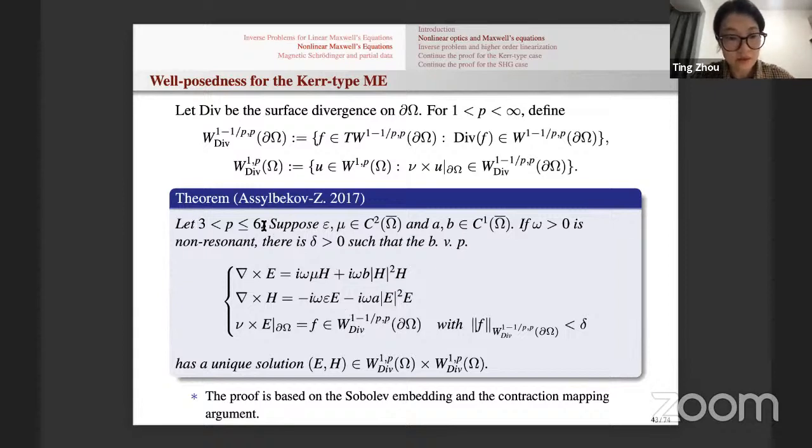Yes. Essentially, what we are doing here is using a contraction mapping argument, where you need to establish a contraction map where you use the Sobolev embedding. Basically you want this S to be in some LP space, and that is how this restriction comes. Right, exactly.